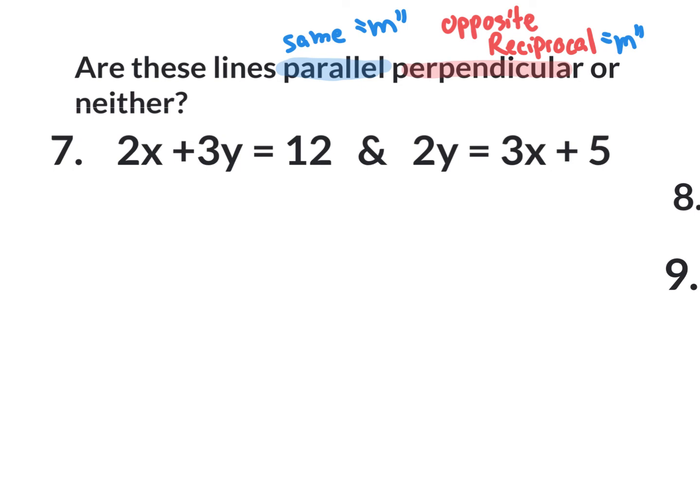So in order to compare this equation with that equation and compare their m values, their slope values, you either have to have them in point-slope form or slope-intercept form. As you could see, neither of these are in point-slope or slope-intercept. So let's actually get them in slope-intercept form, which is getting y by itself. So on the first one, I'm going to subtract 2x, and you can't really subtract 2x from 12, so you're going to have to rewrite the whole thing.